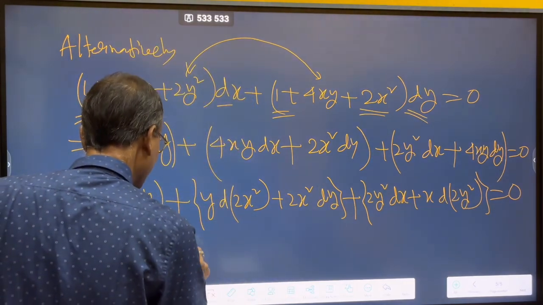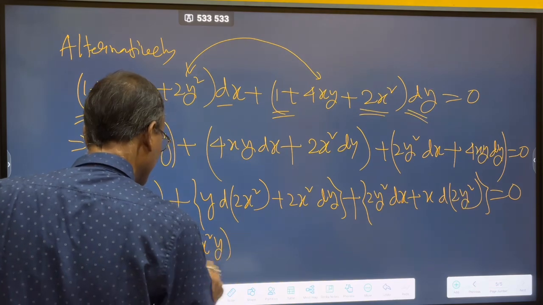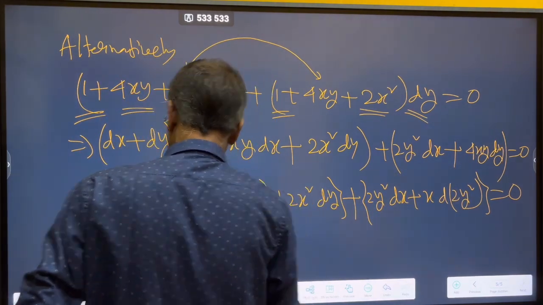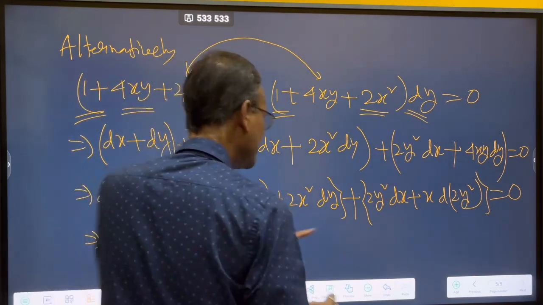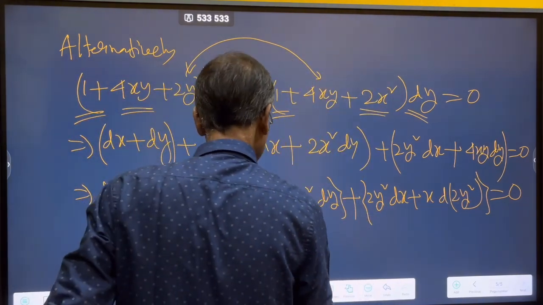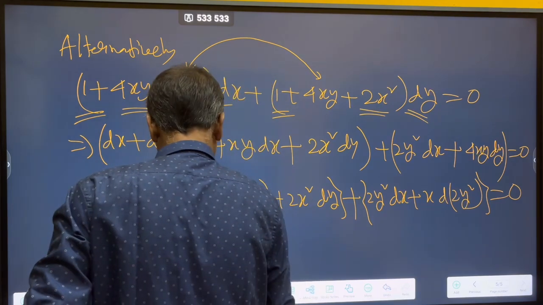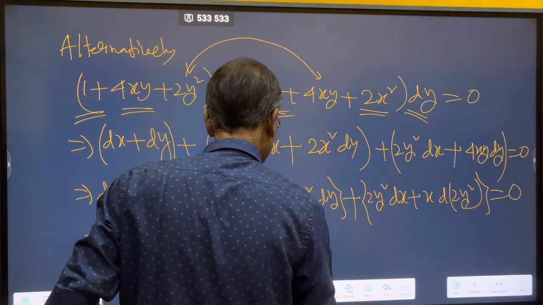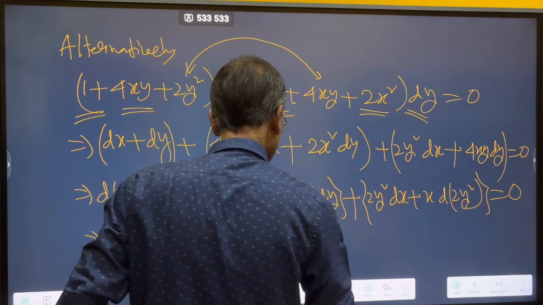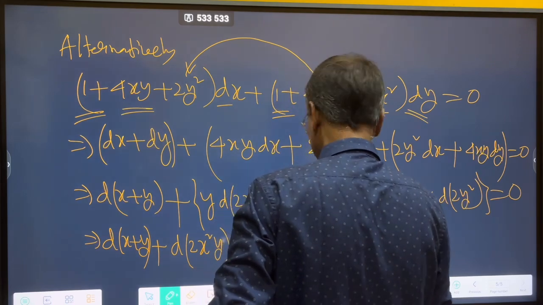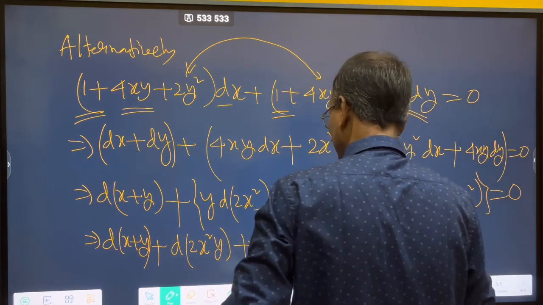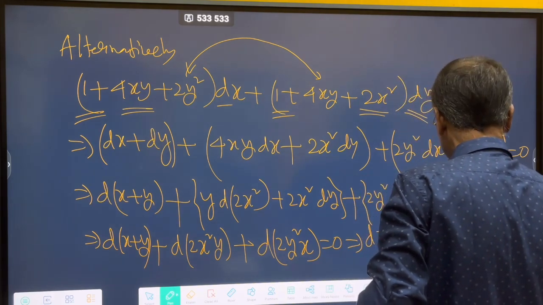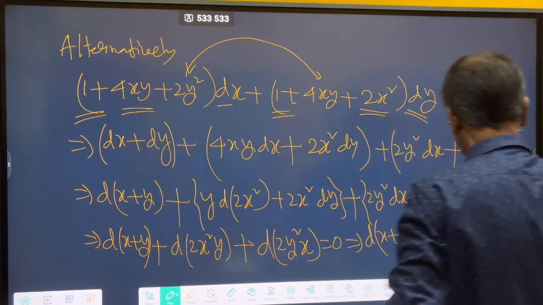You may write it as d of 2x²y, here also d of 2y²x, equal to 0, or you may write d of (x + y + 2x²y + 2xy²) equal to 0.